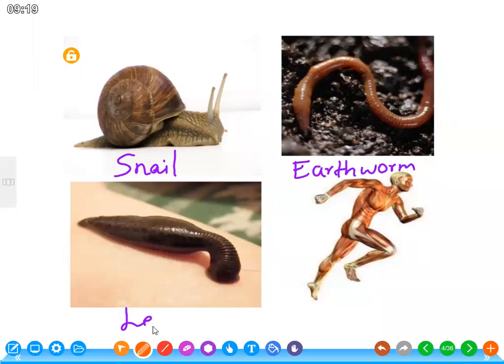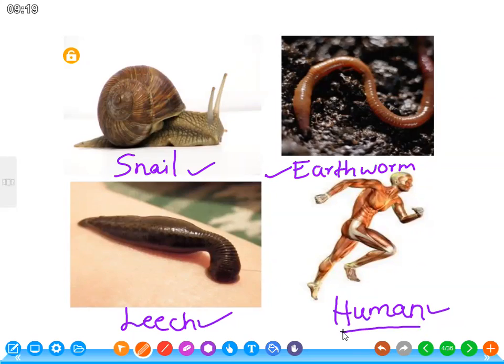This is leech. And this is human. So, snail, earthworm and leech are invertebrates. Human is vertebrate.